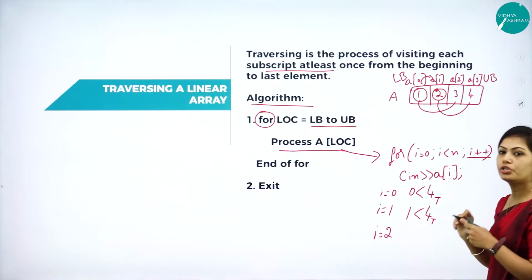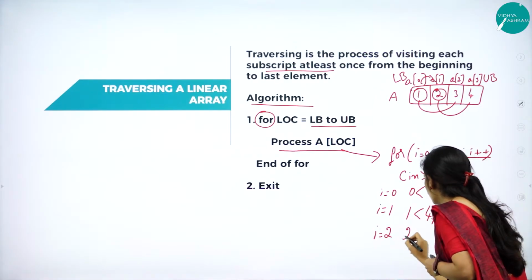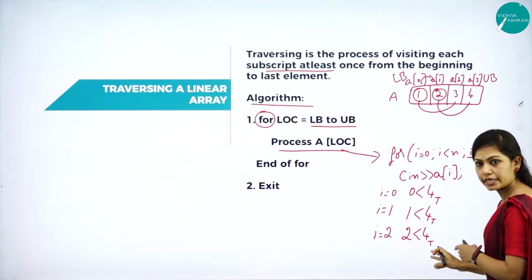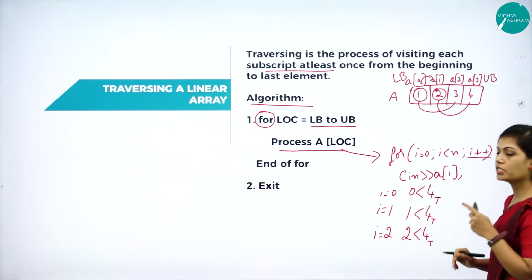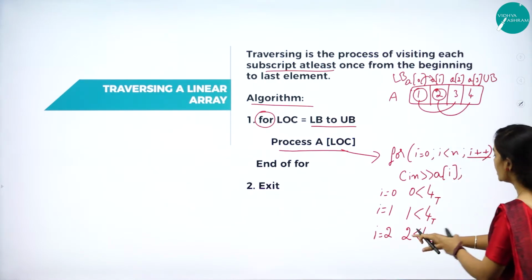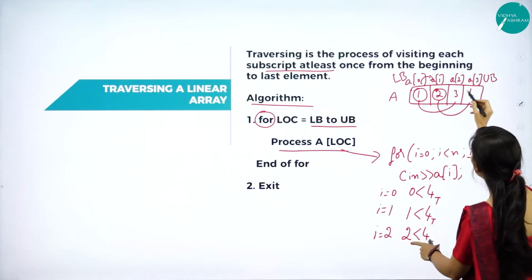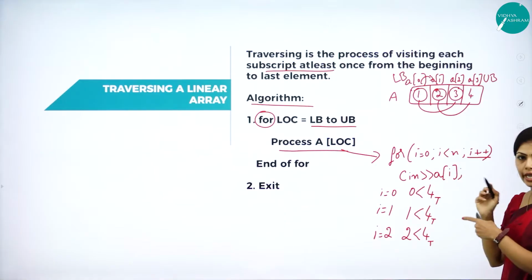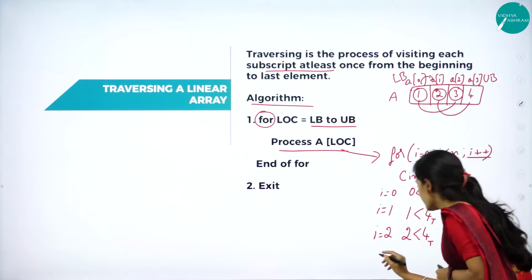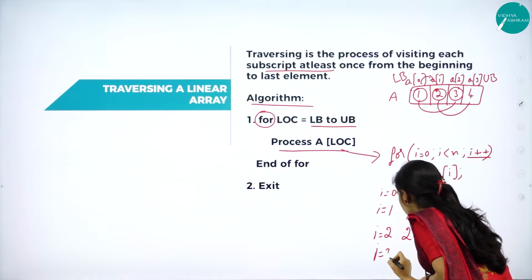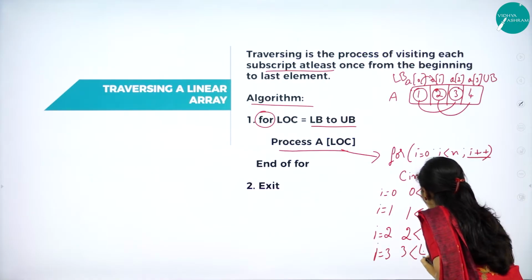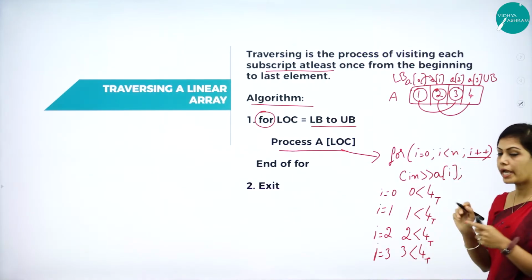So I is equal to 2. 2 less than 4, the condition is true. In the position A of 2, element 3 is located and one value is incremented, it will become 3. 3 less than 4, the condition is true again.